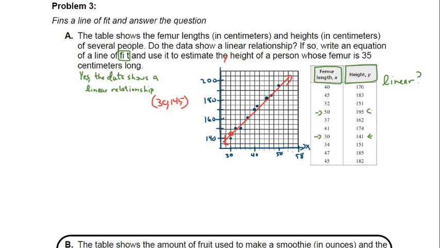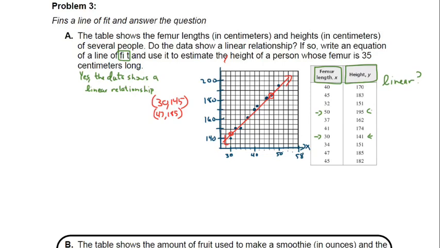This one right here looks like it's at 47, 185. So that'll be the other one. Those will be the two points I use to estimate my line.